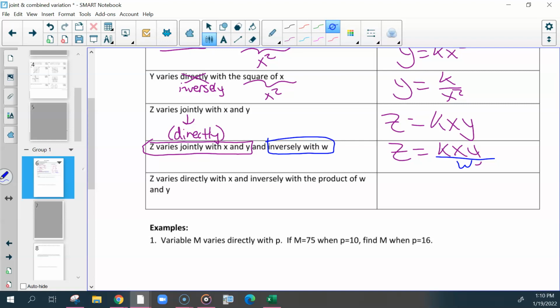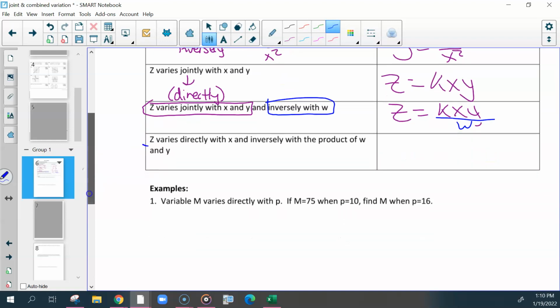What do we think this one is? Any guesses? I'm going to write this part. Z varies directly with x.